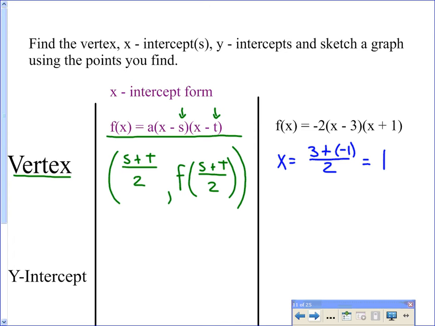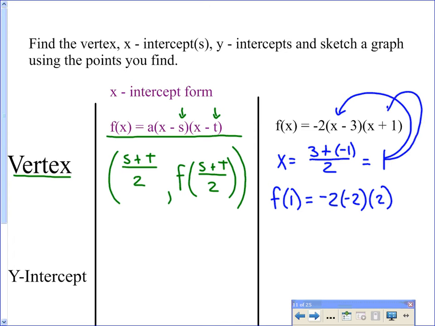I know the x-coordinate of my vertex is 1, so I find f of 1, and that's going to give me my y-coordinate. Negative 2 times negative 2 times 2, which is what I get when I plug 1 into each of these x values here. When I simplify that, I get 8. So my vertex here is going to be the point (1, 8). Okay.